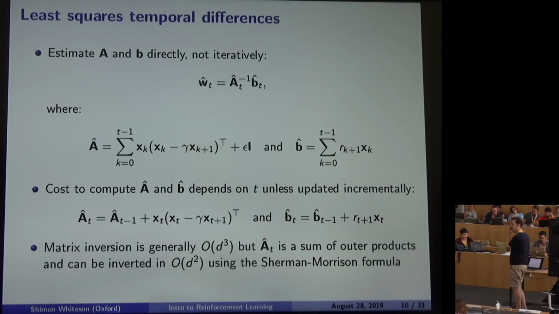Oh, good question. The question is, would it be a good idea to do semi-gradient methods till you converge to the TD fixed point, and then do true gradient methods to get to the local optimum?